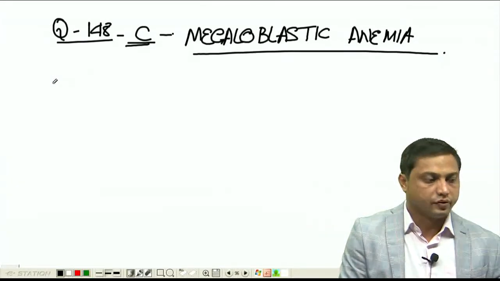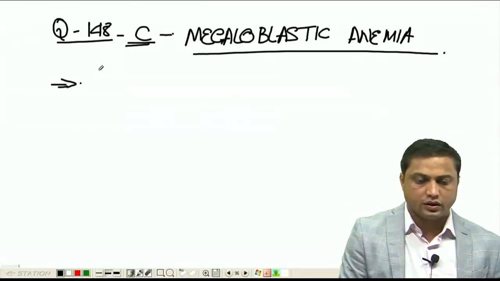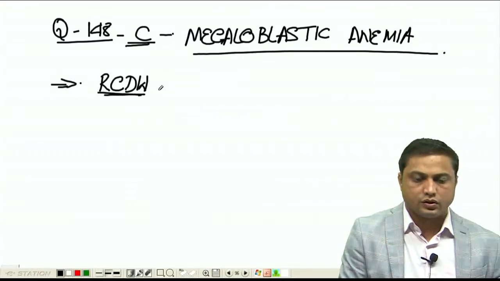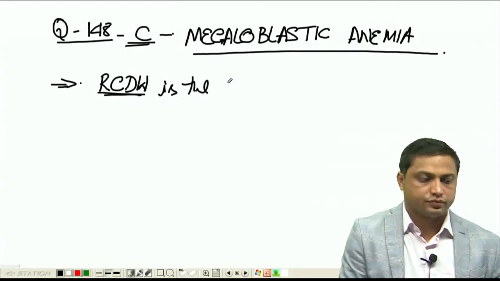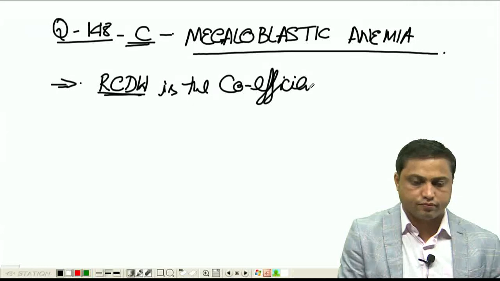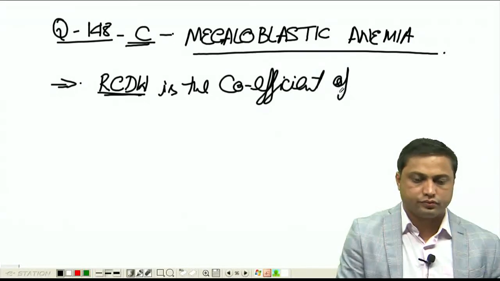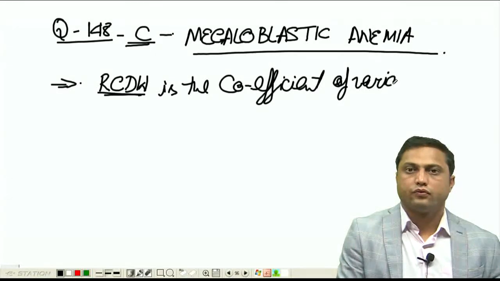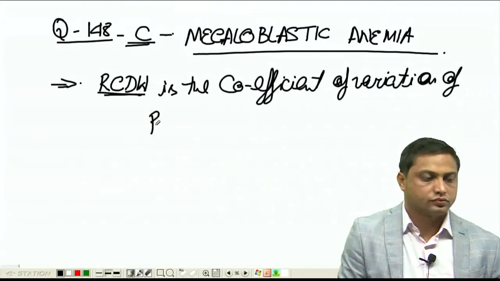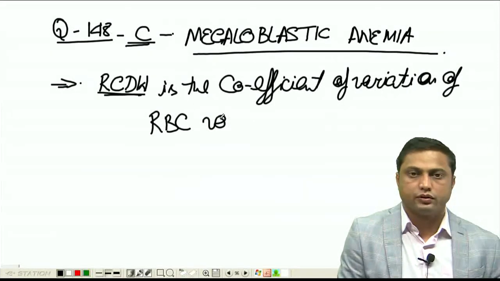Now what is RDW? Red cell distribution width is the coefficient of variation of RBC volume.